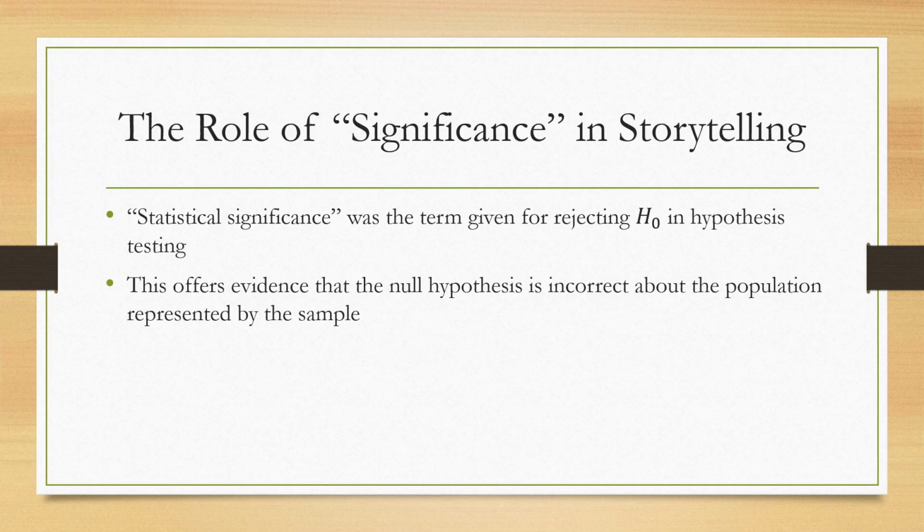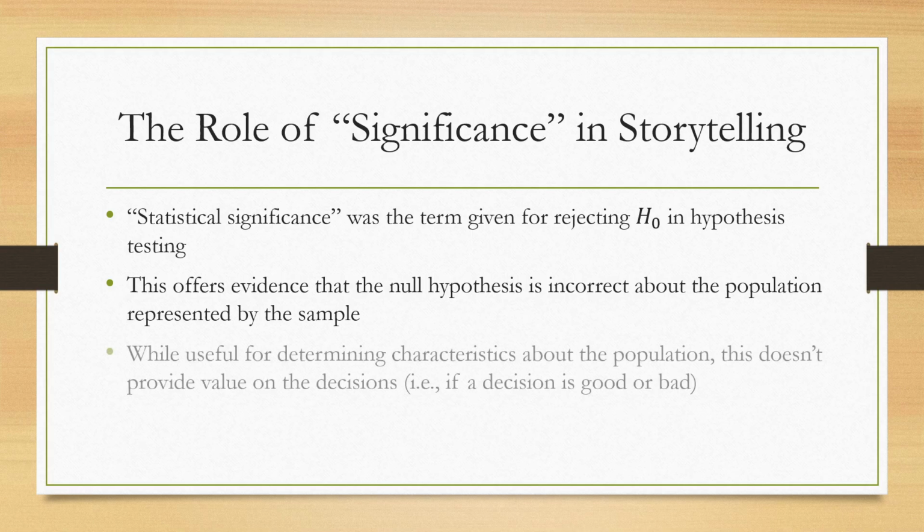And we talked about one potential flaw in this earlier. But here, I want to emphasize a potential flaw in this, and that is it goes as far as it goes, but it doesn't go further. So this is really useful for determining characteristics about the population, but it doesn't really give you value.